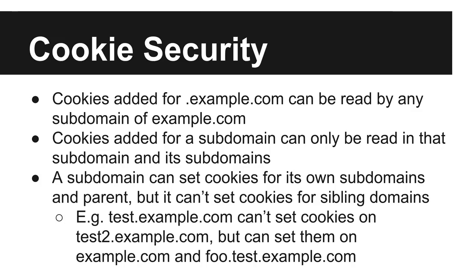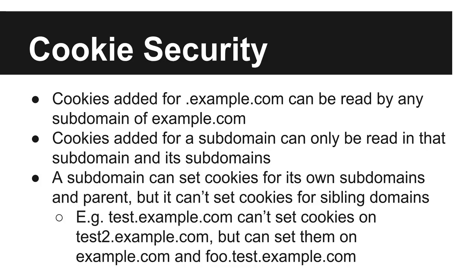So how are cookies secured? Well, there are a couple simple rules for how cookies actually work. Cookies added for .example.com can be read by any subdomain of example.com. Cookies added for a subdomain can only be read in that subdomain and its children. A subdomain can set cookies for its own subdomains and its parent, but it can't set cookies for sibling domains.